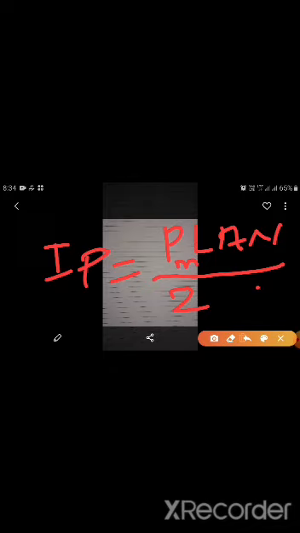Therefore, if there are n revolutions per minute, then n divided by 2 is the number of cycles completed. To convert revolutions per minute into revolutions per second, we will divide it by 60. So with this, IP is equal to PM LAN divided by 2 into 60.